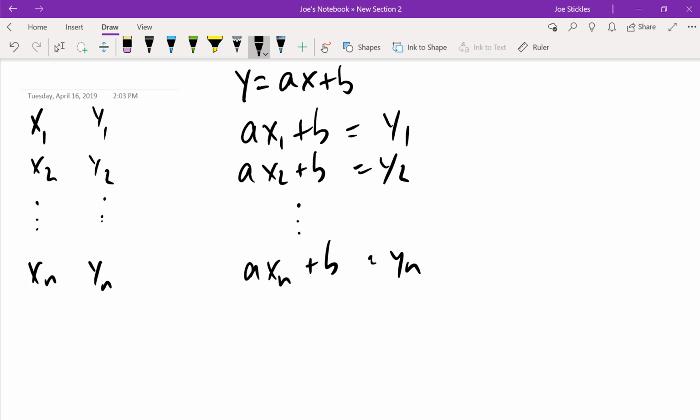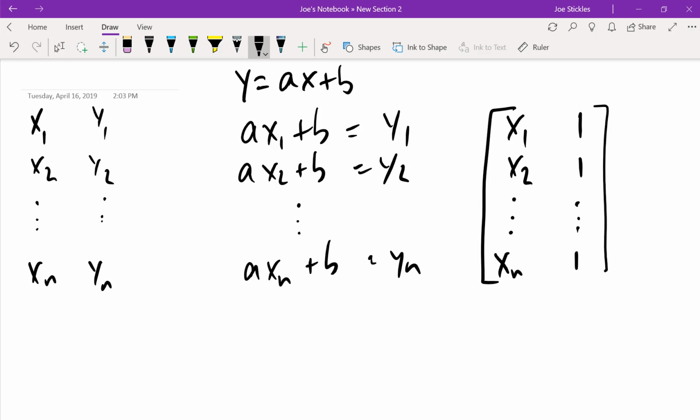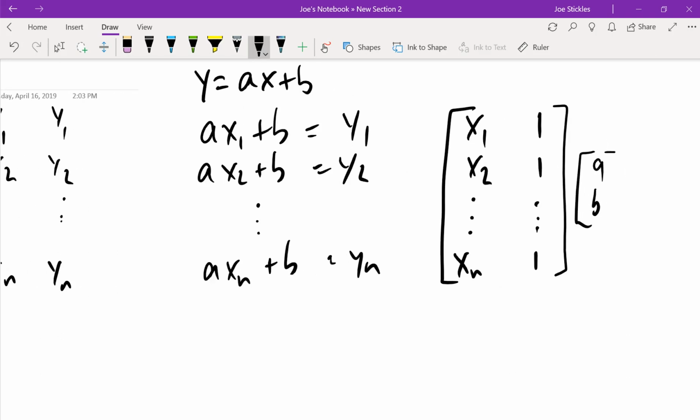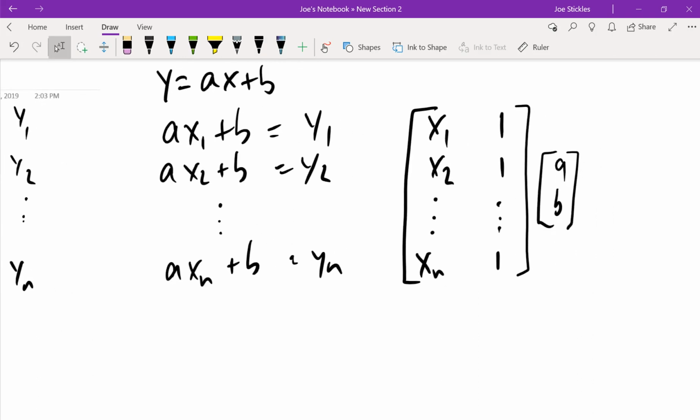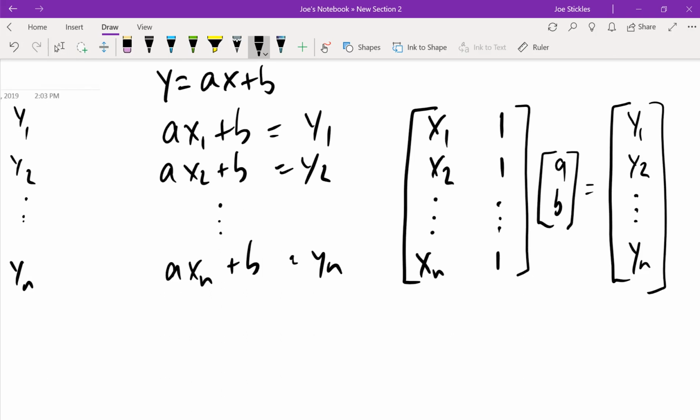If we write this in matrix form as an augmented matrix, notice that the coefficients on the a's are your x's. The coefficients on the b's are all 1s. The variables that we're trying to solve for are a and b, and then the right-hand side will be y1, y2, up to yn.